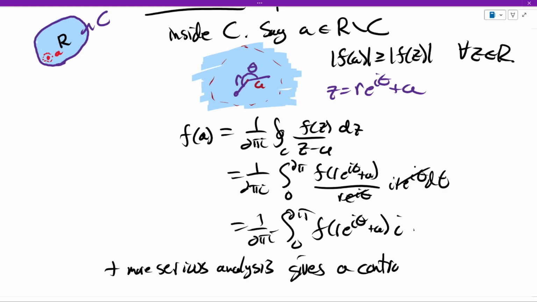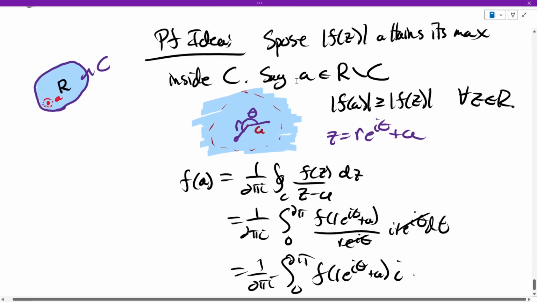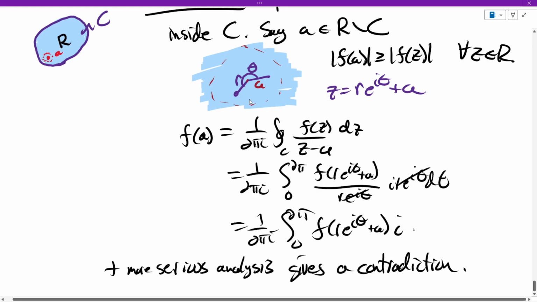So it gives you another value that has slightly bigger modulus. So what must we have contradicted? We've contradicted that the maximum does not happen on the boundary. So what makes this work is, since we're not on the boundary, we can actually find a neighborhood of A that's entirely within the region. And then once we have that, we can sweep out and find something of bigger modulus.